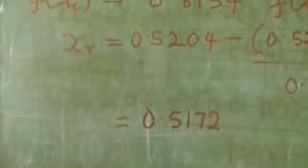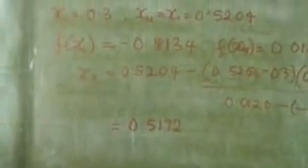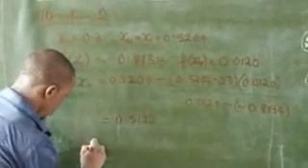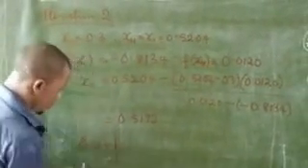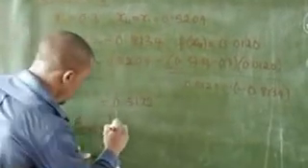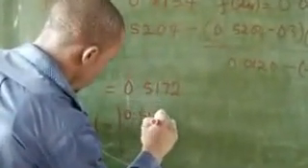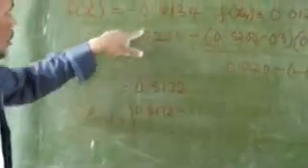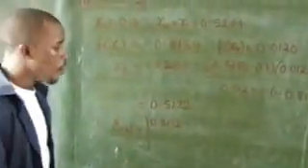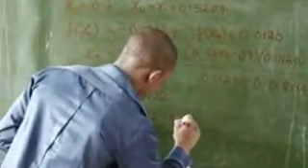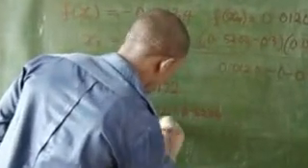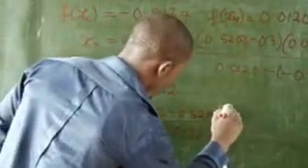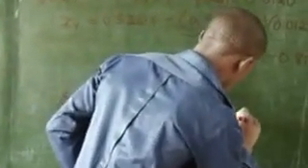So at this stage, you calculate the new relative tolerance. Remember, the new value of xr is 0.5172 minus xu, but in this iteration, xu is 0.5204, divided by 0.5172 times 100.